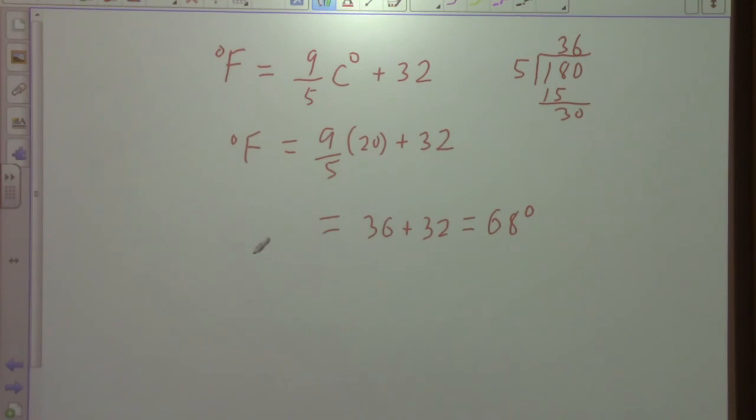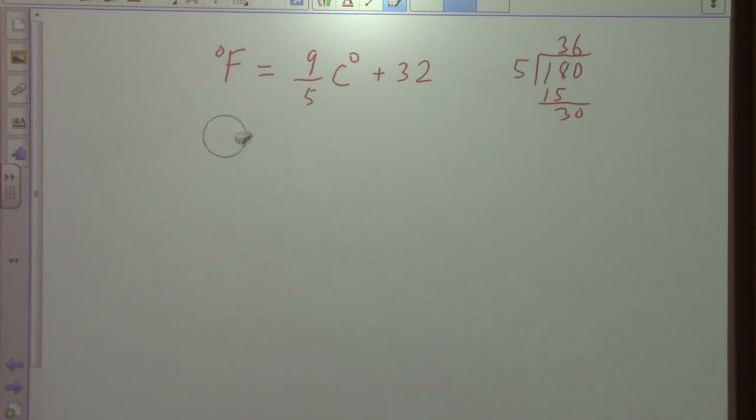Now, what an inverse function is: we are going to instead figure out what if we were given a Fahrenheit measurement and wanted to find Celsius? How would we do that?